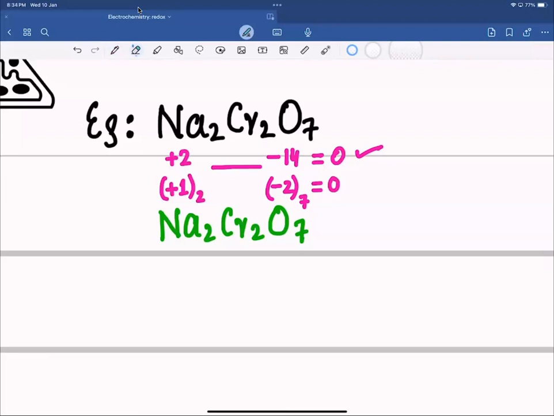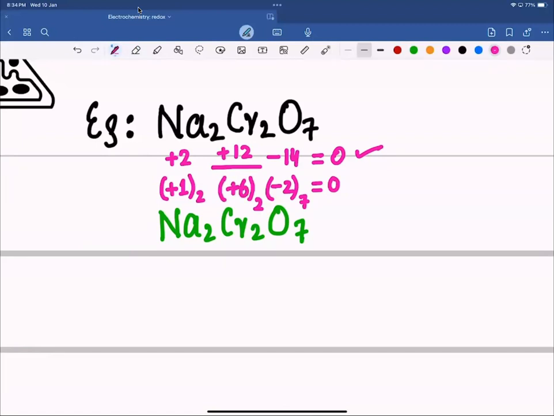Yes, Kubra? Sir, +12. And how many atoms of chromium are over here? 2. So if there are 2 atoms, then what will be the oxidation number of each chromium? +6.